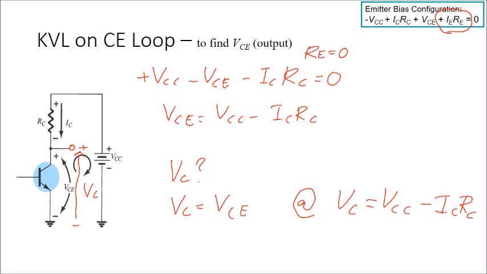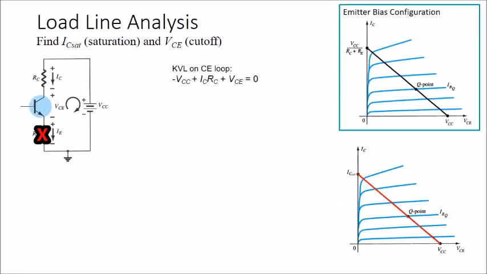For the load line analysis, to draw the load line, we need two pieces of information: the IC saturation and the VCE during the cutoff. So we have to use the KVL on the CE loop. For the IC saturation, the information we have is VCE equal to 0 volt.